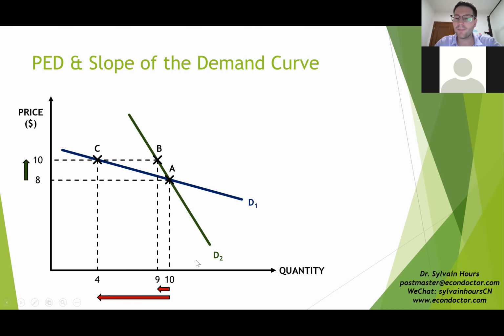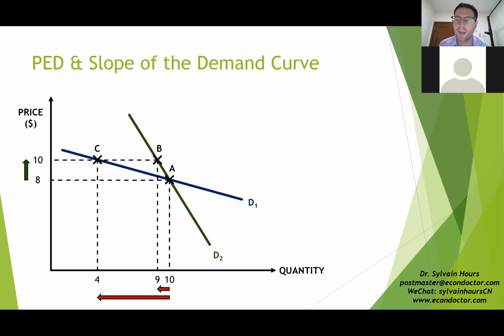But the demand for good 2 is relatively steeper. So for the same percentage increase in price, the percentage decrease in quantity demanded is much lower. The percentage increase in price is 25%, correct? Plus 25% from 8 to 10. And the percentage decrease in quantity demanded, if we look at D1, is minus 60%.